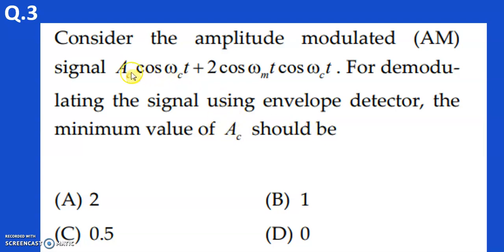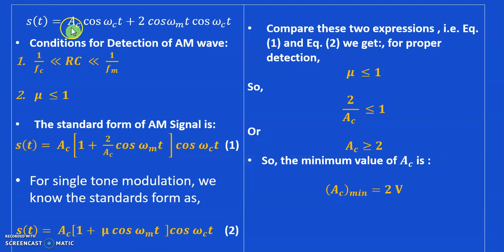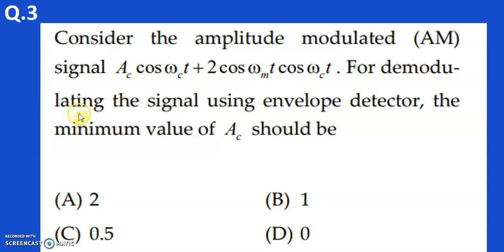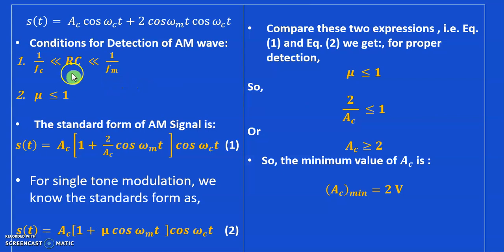So let us see, this is the modulated wave. Accordingly, s of t is given by Ac cosine omega c t plus 2 cosine omega m t cosine omega c t. For demodulating the signal using an envelope detector, we have two conditions, as we have learned.